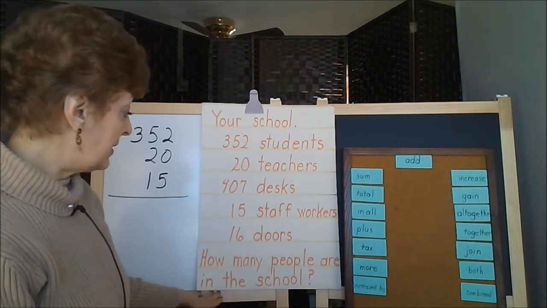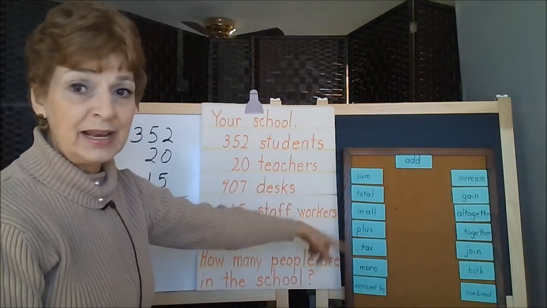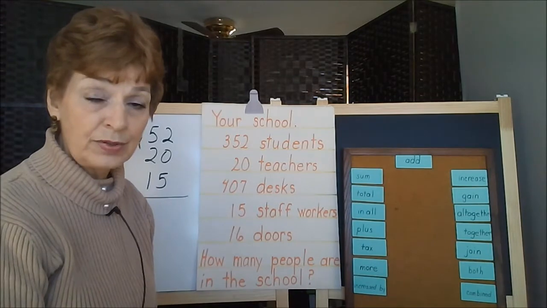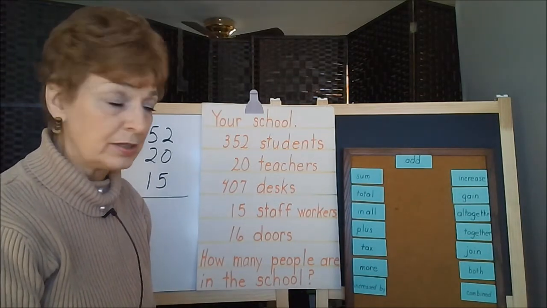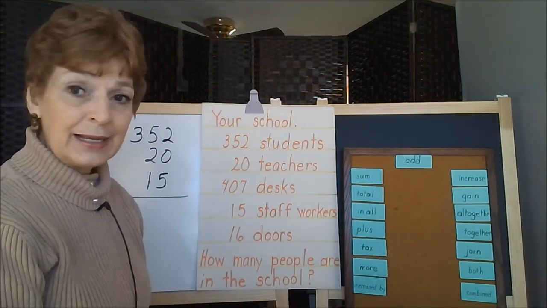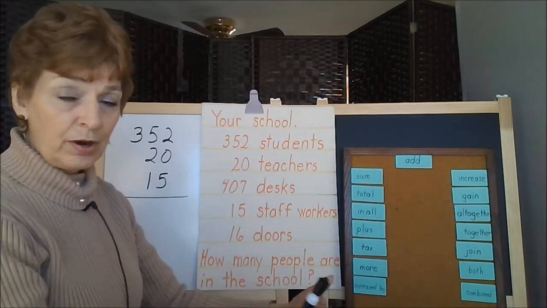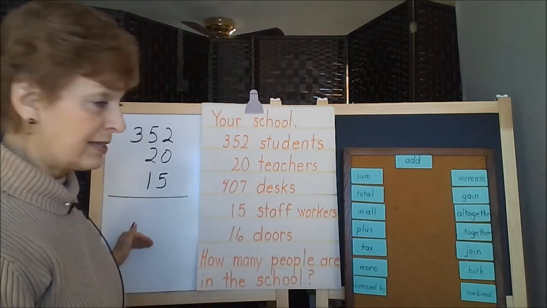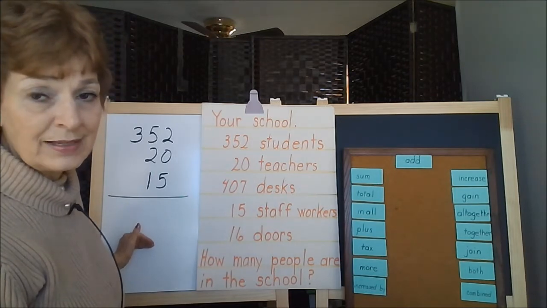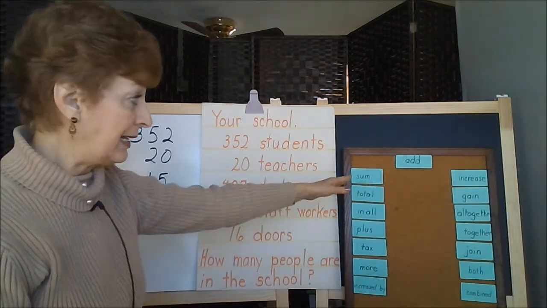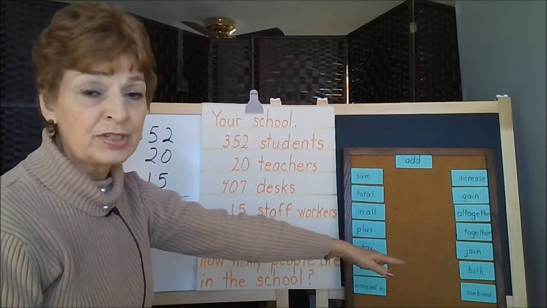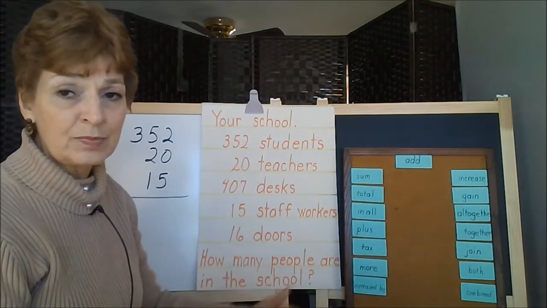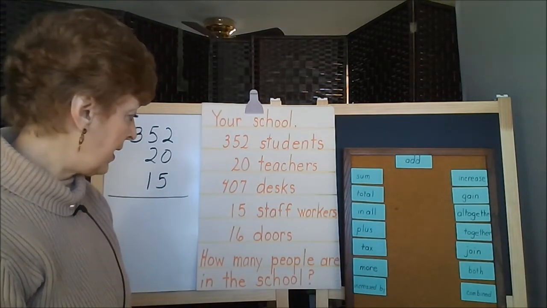I don't really see a word in here that matches any of the vocabulary that we've associated with addition. So it must be inferred. Your child has got to maybe put in one of the vocabulary words, substitute it into this problem, and see if it makes any sense.